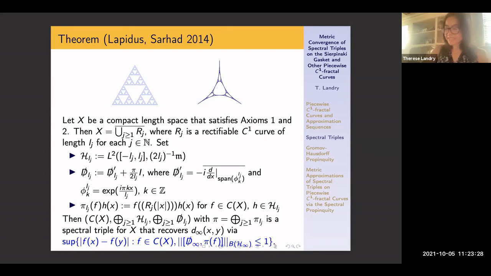But more importantly for our purposes, they also showed, using the properties of such fractal curves, that the geodesic distance down here, which we'll see again on the next slide, can be recovered from the spectral triple.